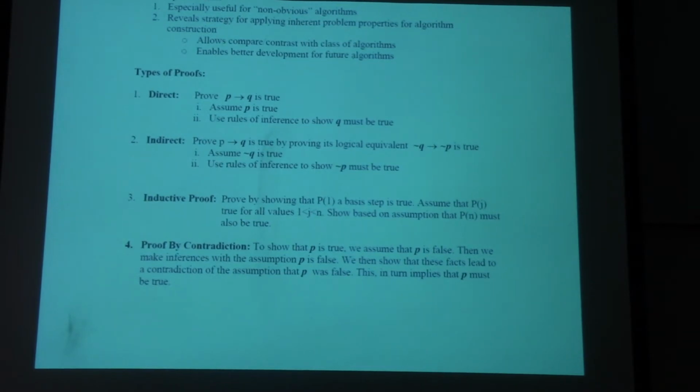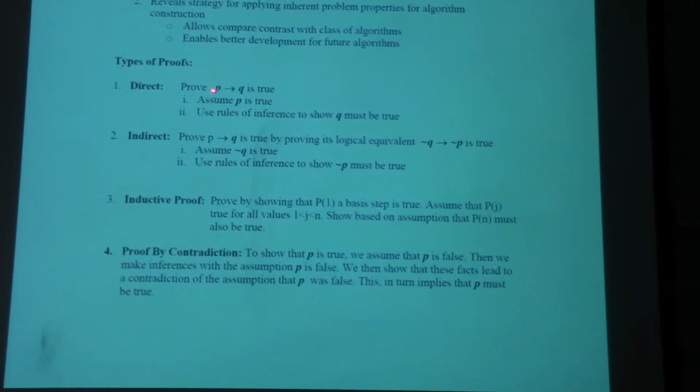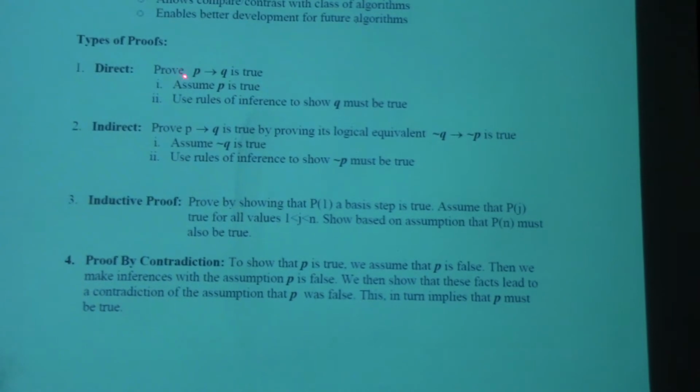So there are 3 true-false values here: one for P alone, one for Q alone, and one for P implies Q. So to prove that the implication is true, you must show that whenever P is true, Q must be true.